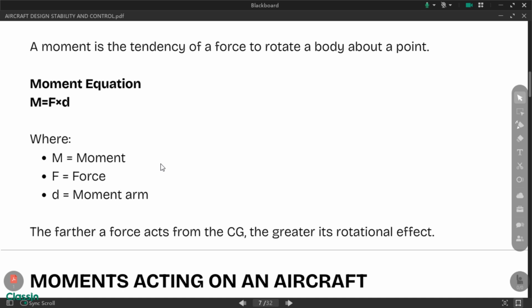So their power to rotate the aircraft is strong. So the tails are considered one of the most important part ng aircraft natin for stabilizing the aircraft. Kasi even though again, onti lang yung force na i-exert nyo for the tail, it could create a huge moment for the whole aircraft.